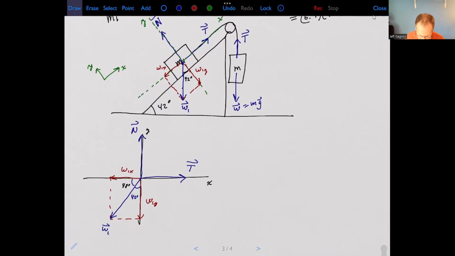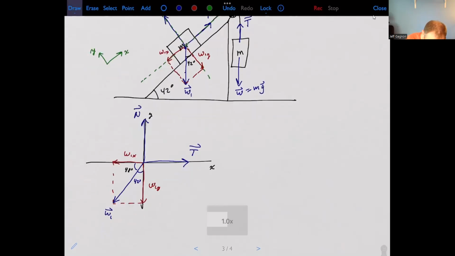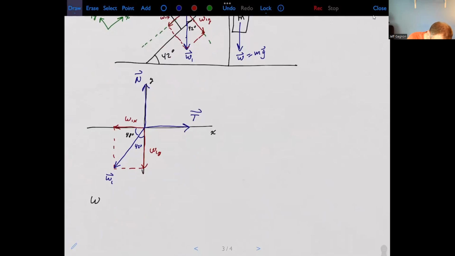Now I can say that W1x is going to be W1 times cosine of 48 degrees. But it's negative, because it's pointing to the left. Or you could say negative W1 times sine of 42. Same thing. Whatever way you feel more comfortable with is fine.